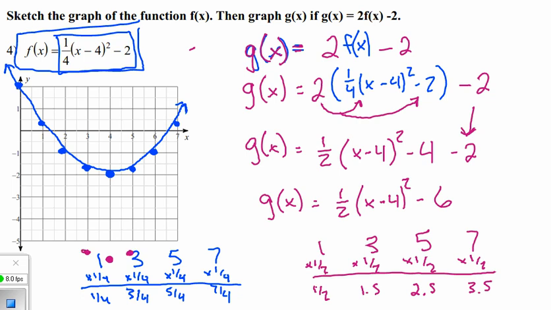The next time we go up 1.5, right here. The next time we would go up 2.5. The next time we would go up 3.5. It'd be right here. And it looks like that.